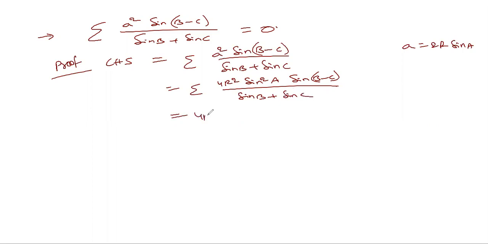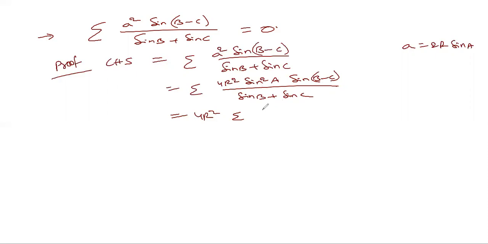Now we can take 4R² outside the sigma, because we are applying sigma for small a, b, c and angles A, B, C, these six elements, not for the circumradius. Take it outside. So here the remaining will be sin²A × sin(B − C) divided by (sin B + sin C).